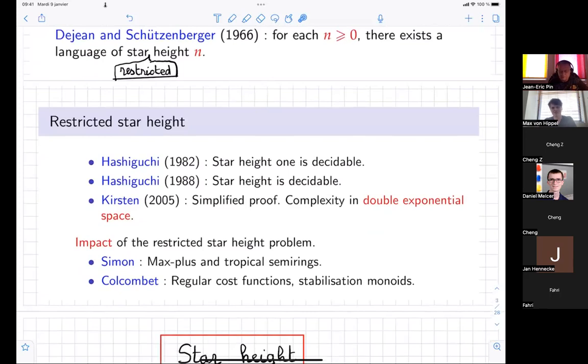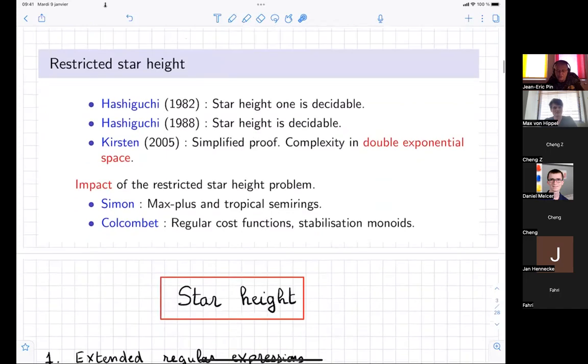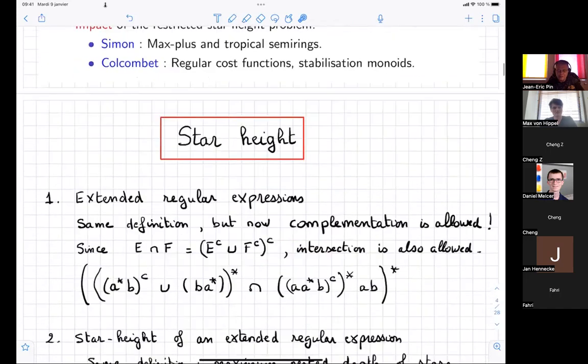And this problem has many consequences on things like max-plus and tropical semirings, and regular constructions. I don't want to go into this, but just to say that this is still a live topic of research.